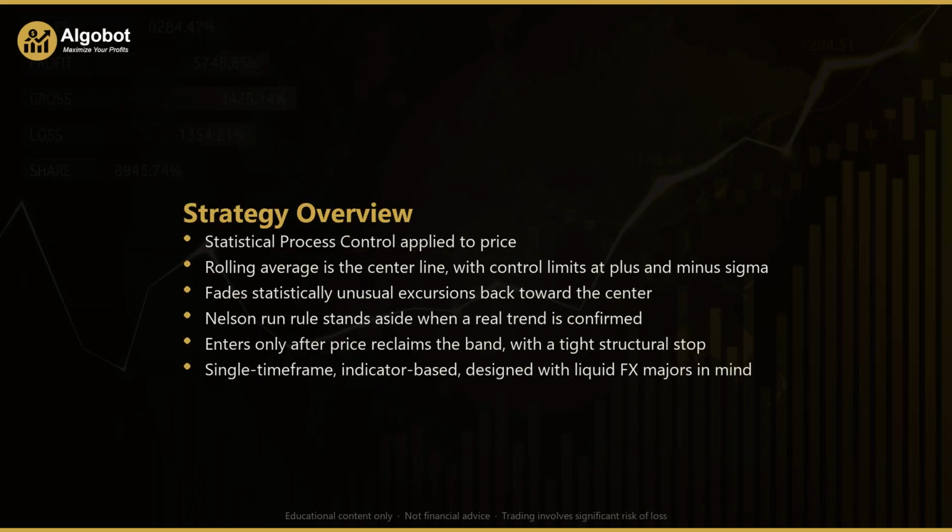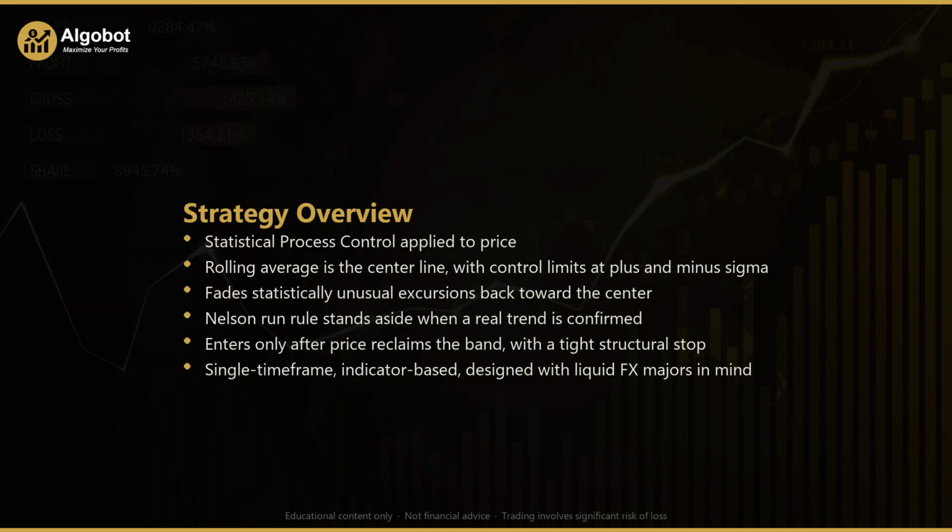So what exactly does control chart reversion do? At its heart, this expert advisor treats the market the way a factory engineer treats a production line. In manufacturing, engineers use a Shewhart control chart to tell the difference between normal, random variation and a genuine change in the process. This strategy applies that same statistical thinking to price movement.